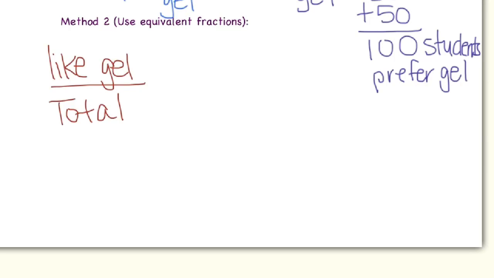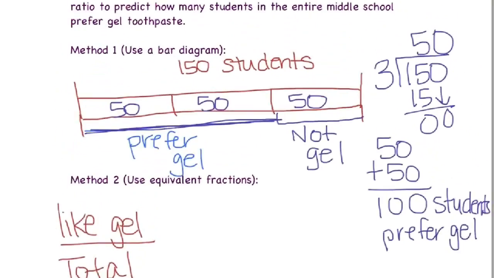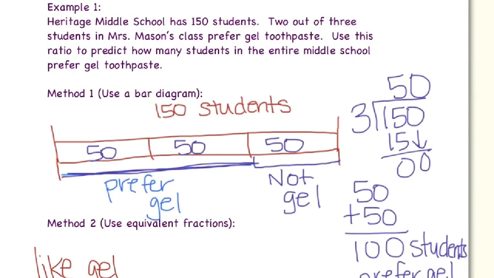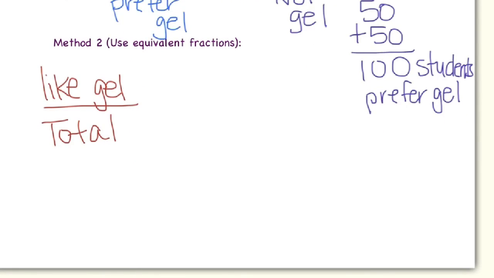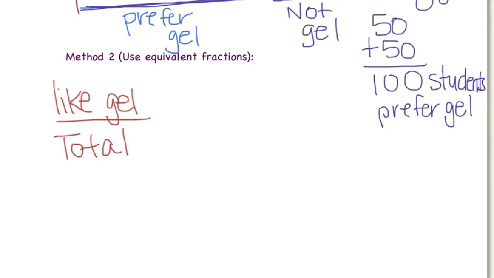If we go back to our problem, it said the ratio of 2 out of the 3 students in Mrs. Mason's class prefer the gel toothpaste. So I'm going to go ahead and use that information first. The ratio was 2 students liked gel to every 3 students total.